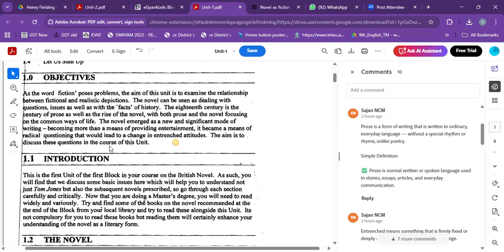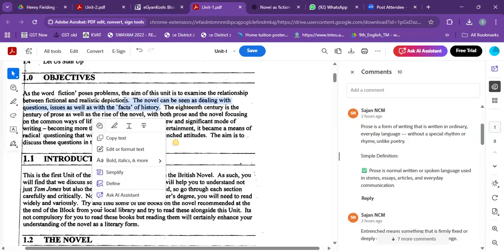As the word fiction possesses problems, the aim of this unit is to examine the relationship between fiction and realistic depiction. I already told you about imaginary stories and realities. The novel can be seen as dealing with questions, issues, as well as the facts of history.